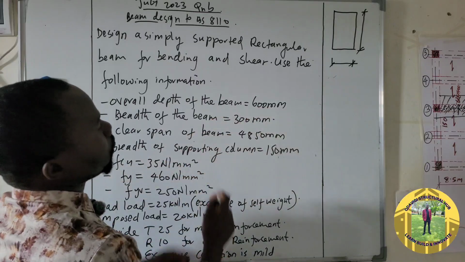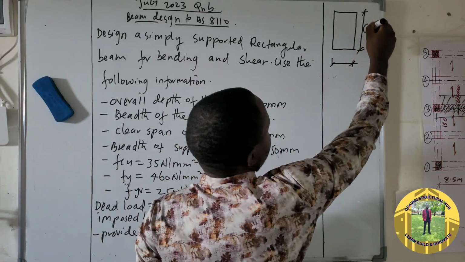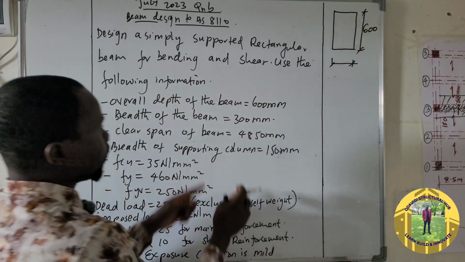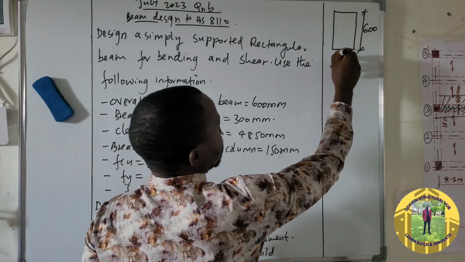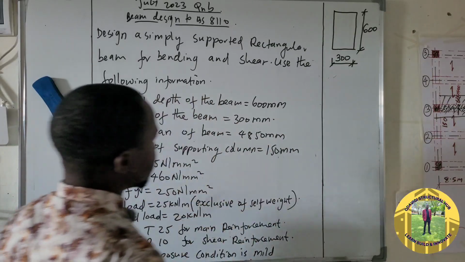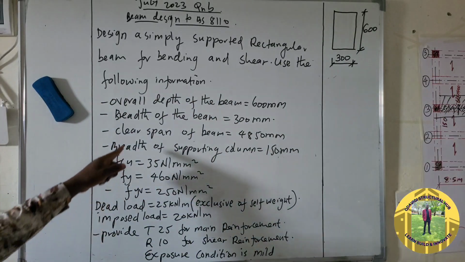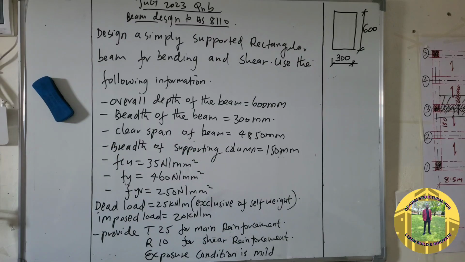So the H is 600 and the B is 300, like that. So the clear span is 4850.